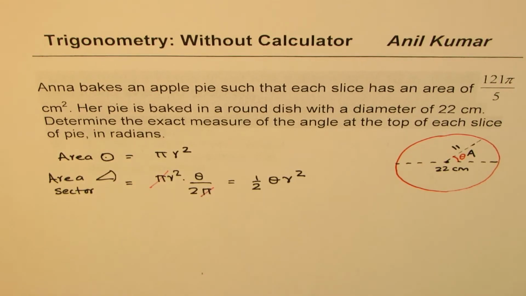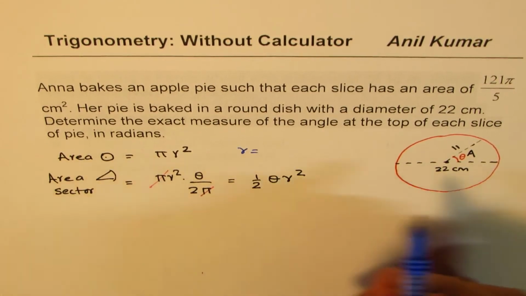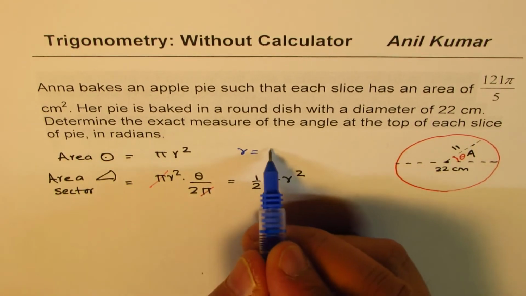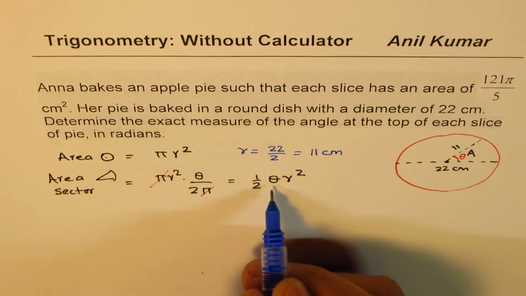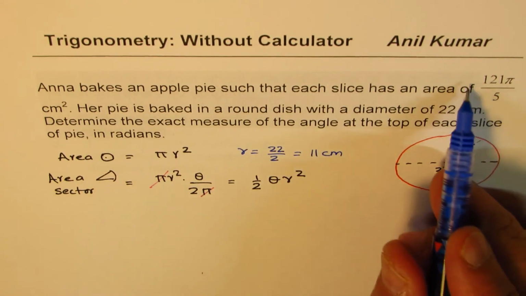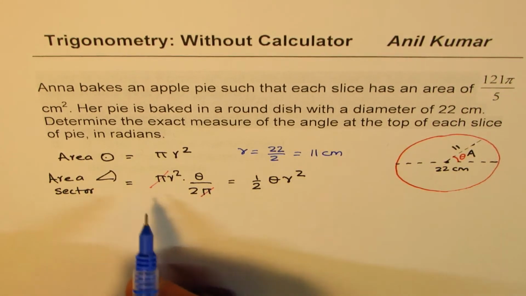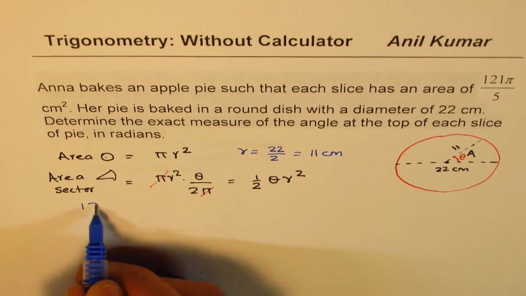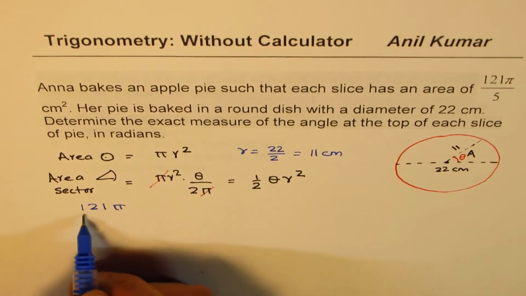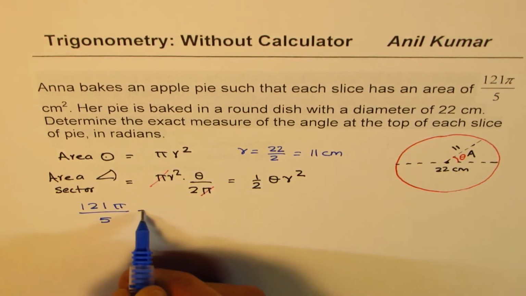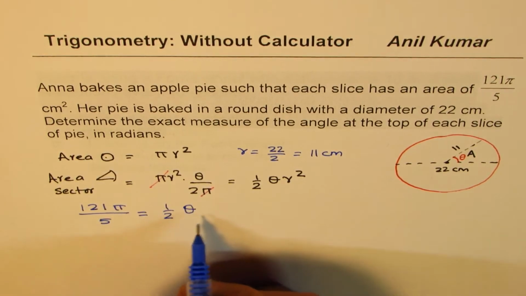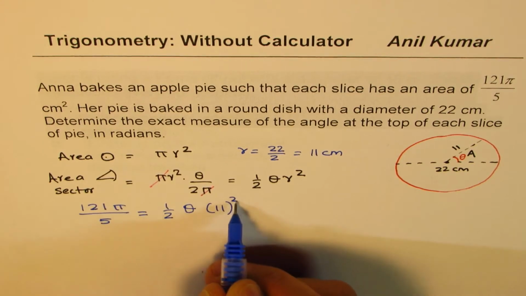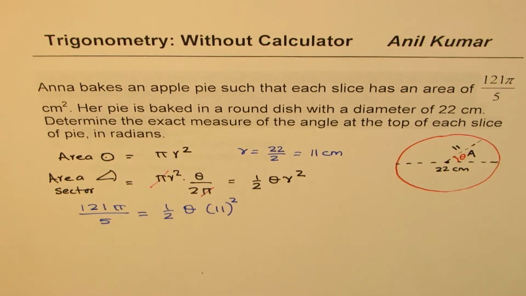Now in our case, we know that radius r is equal to half of 22, right? 22 divided by 2, which is 11 centimeters. We know that. And we need to find theta. And we also know the area is 121 pi by 5. So let's write down 121 pi by 5, which is the area, is equal to half of theta, which we want to know, times 11 square, since r is 11, correct?